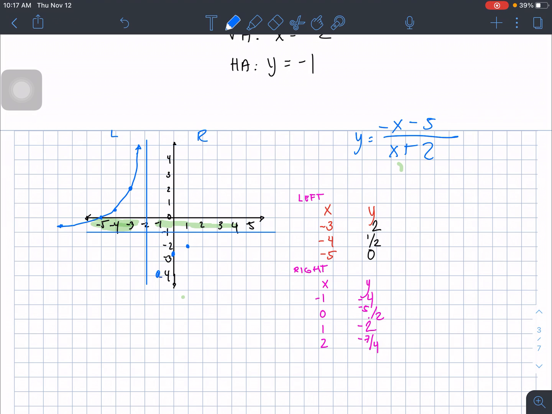And 2 and negative 7 over 4, around here. So this will be our curve, our graph of this rational function. Again, make sure not to intersect these asymptotes. They will serve as the boundary line. Our curve will approach those boundary lines, but they will never intersect.